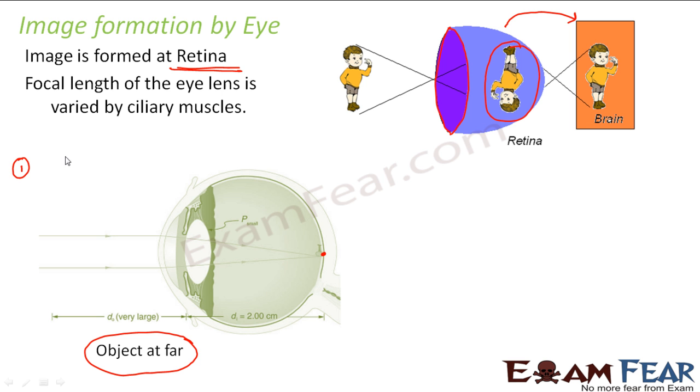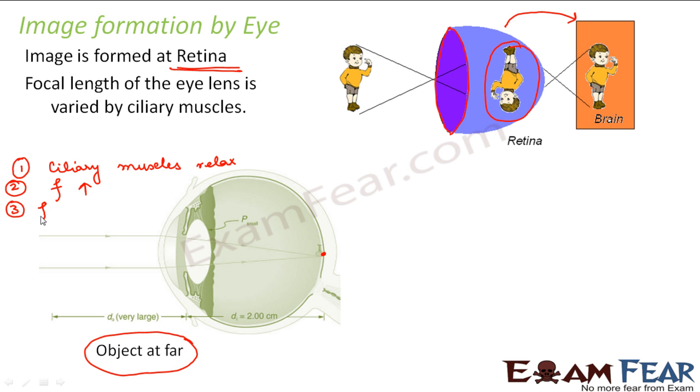So let me write it in points. When the object is at infinity, what will happen? First of all, the ciliary muscles will relax, as a result of which focal length will increase.